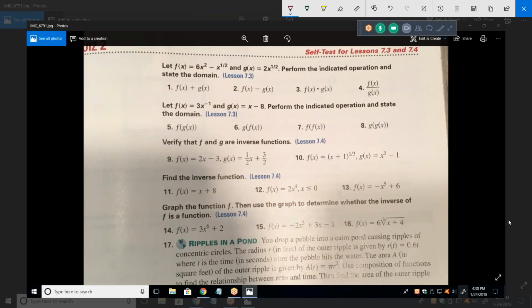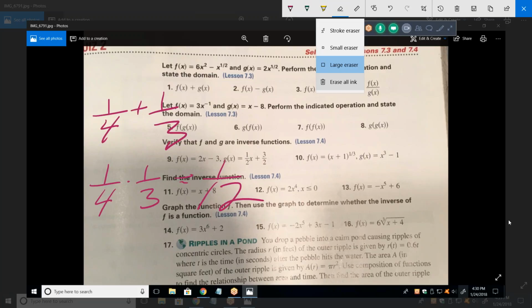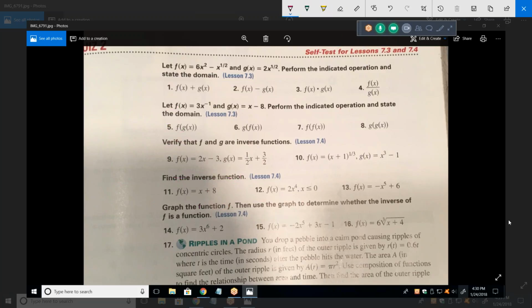If I tell you to add 1/4 plus 1/3, my goodness, you've got to find a common denominator, convert each fraction, and then add the tops. But if I tell you to multiply 1/4 times 1/3, piece of cake: multiply the tops, multiply the bottoms. Much, much easier. That applies whether you're dealing with fractions, variables, or exponents.